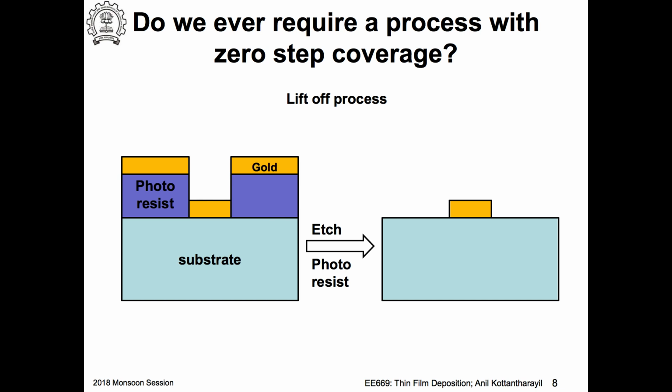So you have a substrate, and you want to make a pattern, a deposition of metal only at certain places. But my difficulty with any of these thin film deposition processes, except in very few cases, is that when I do the deposition, it will get deposited everywhere on the substrate.